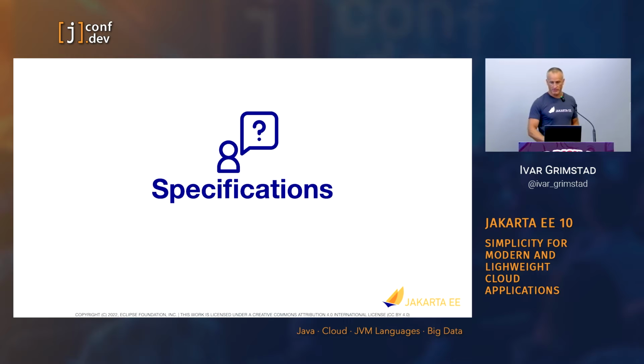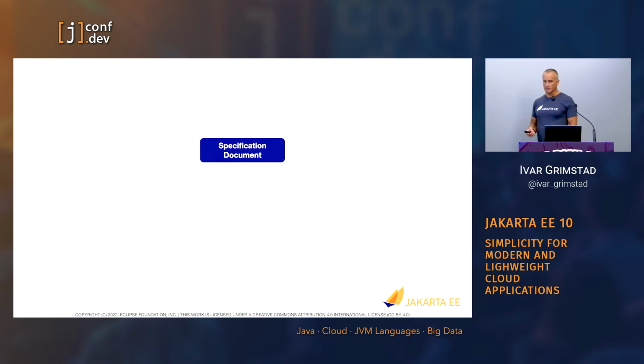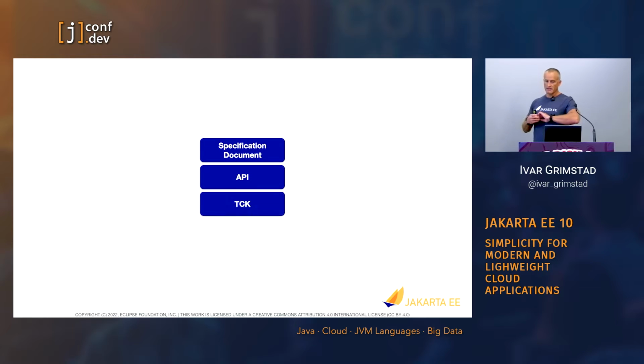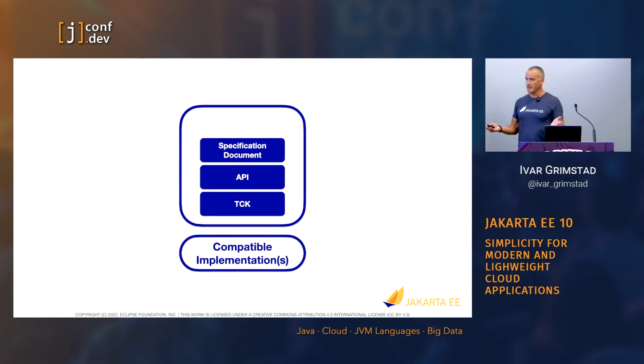We also talk about the implementations, but in the context of Jakarta EE, it's the specifications. And what do we mean by a specification? The specifications we make are usually a document of some sort, a PDF or an HTML page that describes how this technology is going to work.